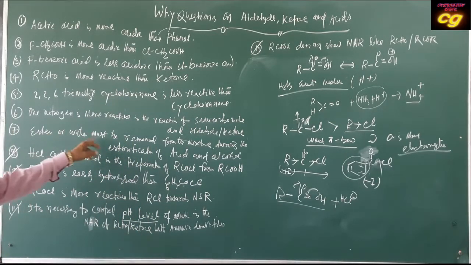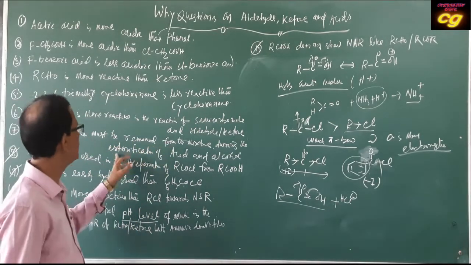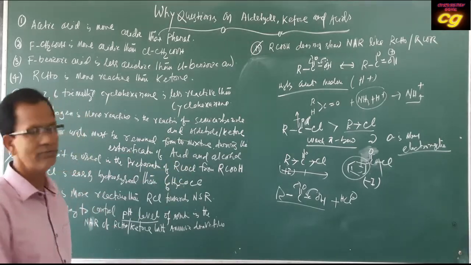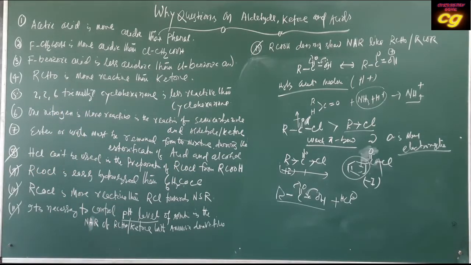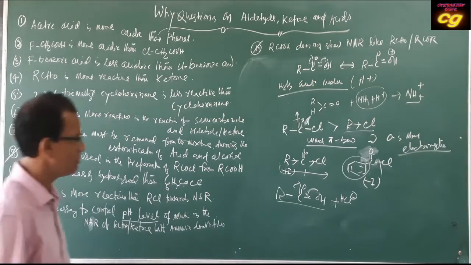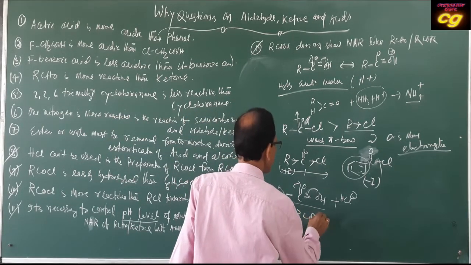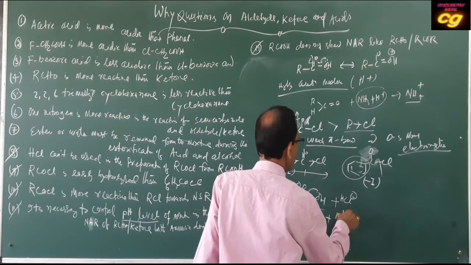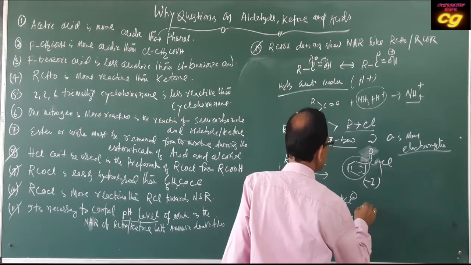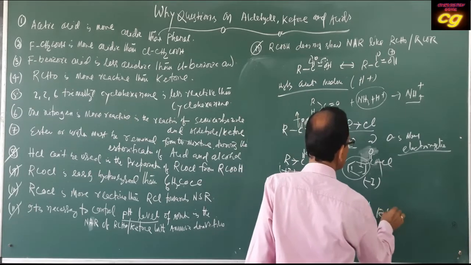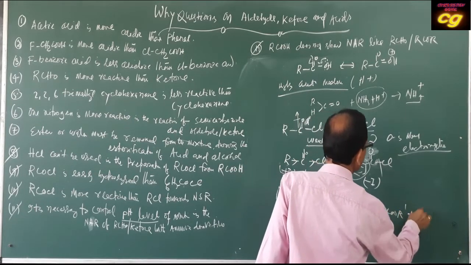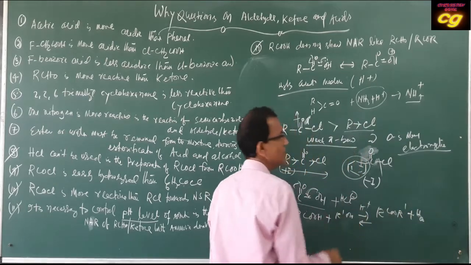Ester or water must be removed from the mixture during esterification so that the reaction will be faster. For example, if you see the structure, acid and alcohol in the presence of acid produce ester and water. And this reaction is reversible.